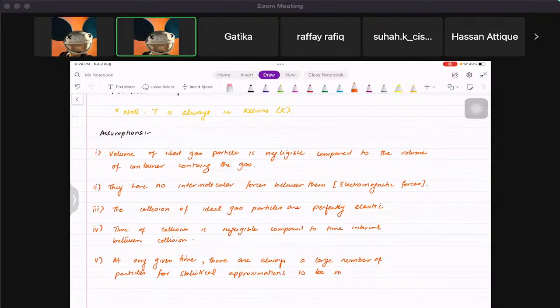You can't just rely on one particle. There have to be thousands and millions of particles here. Okay.